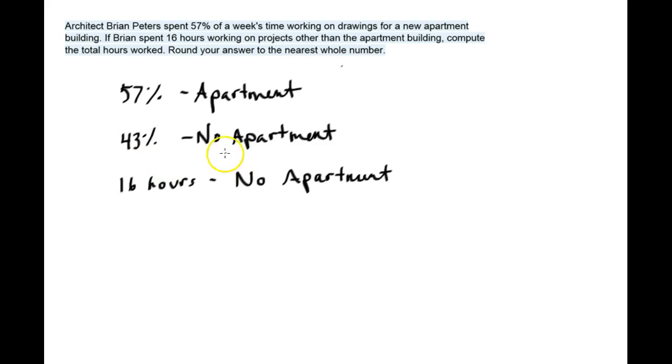Now that we're in the same units here and here, in terms of hours and percentage, we can actually solve. This turns into one of those typical problems, one of those what percent of this.